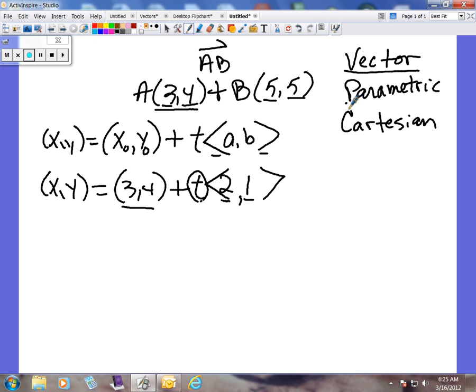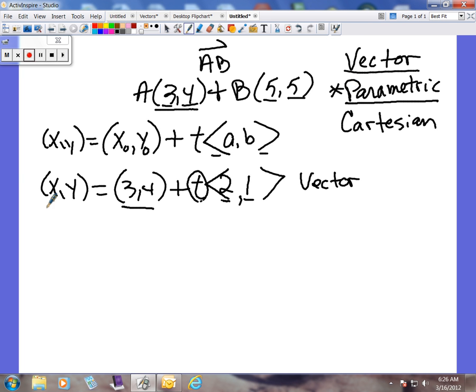Now the parametric equation is writing an equation in terms of t. T is the parameter. This is very simple. All right, first of all, let's just say we've got our vector equation right here. This is our vector. Now if I want to write the parametric equation, very simple.